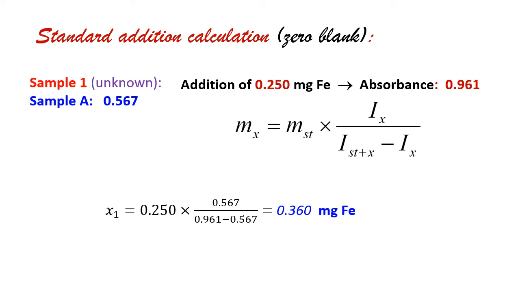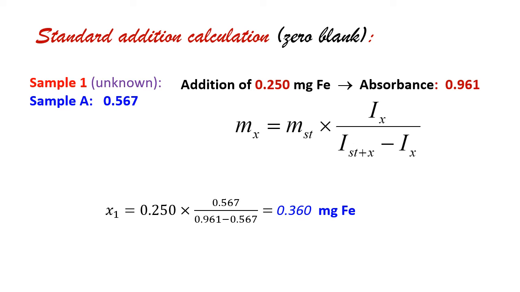Next procedure, standard addition. I consider the case with 0 blank for simplicity. If it's not 0, we do like in the previous example. So I have my sample, 0.567. Then 0.25 milligrams of iron was added to this sample, giving me new absorbance, which is larger.